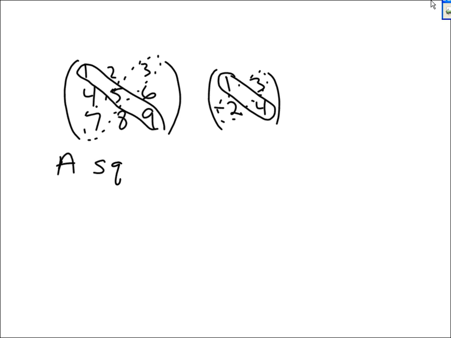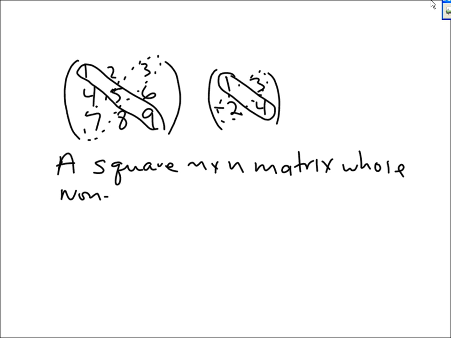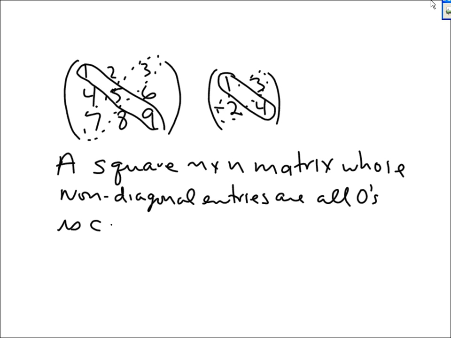A square, n by n matrix, whose non-diagonal entries are all zeros, is called a diagonal matrix.